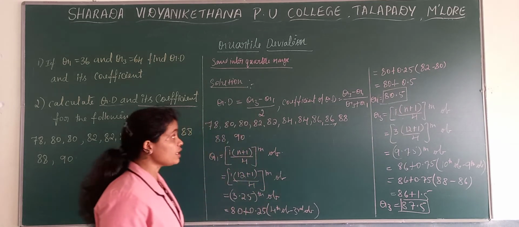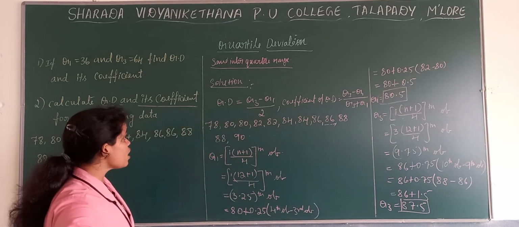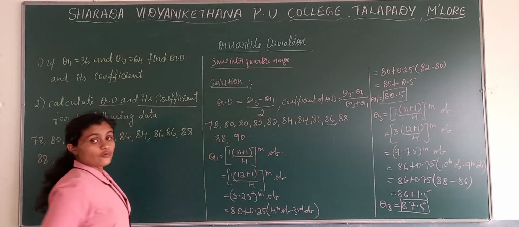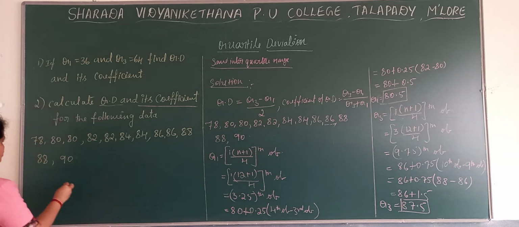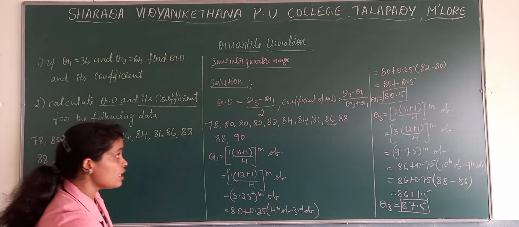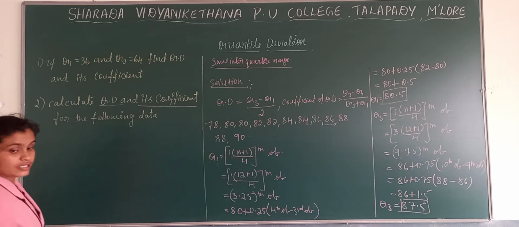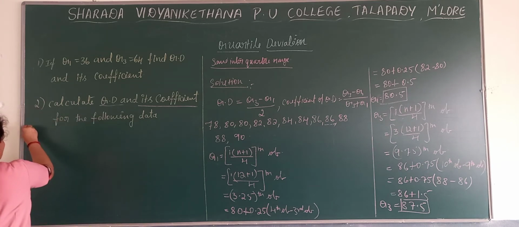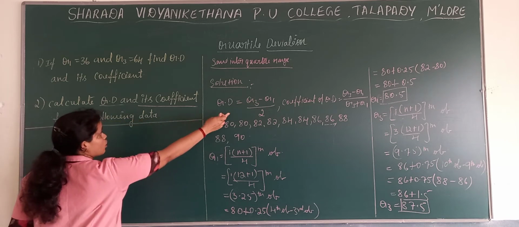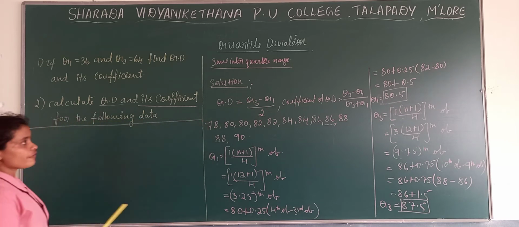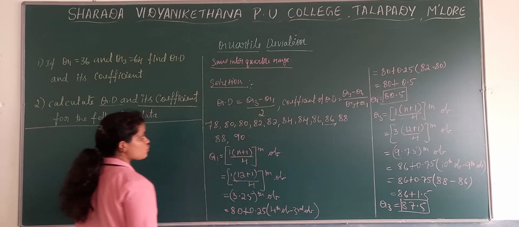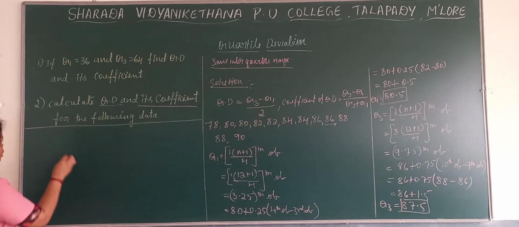Now come back to the original formula, what we need to find out. I'll write it here. Now quartile deviation, we have the formula Q3 minus Q1 divided by 2.